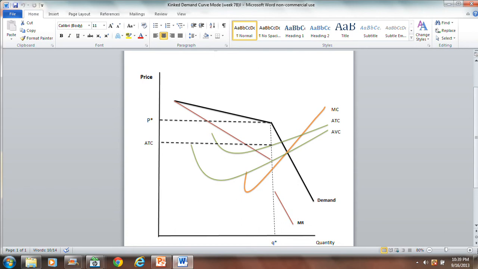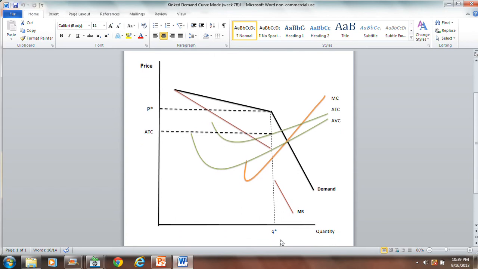So if you notice directly below here, I have Q star, and Q star corresponds to where the marginal cost goes through the marginal revenue gap. Where the marginal cost goes through the gap, it's assumed to be equal to marginal revenue, and directly below that we locate Q star.